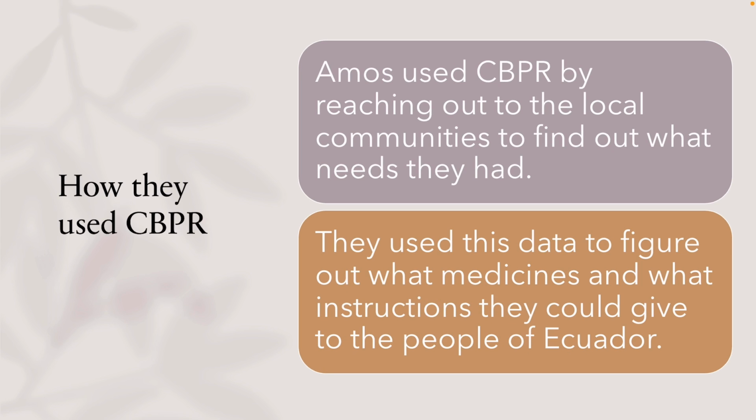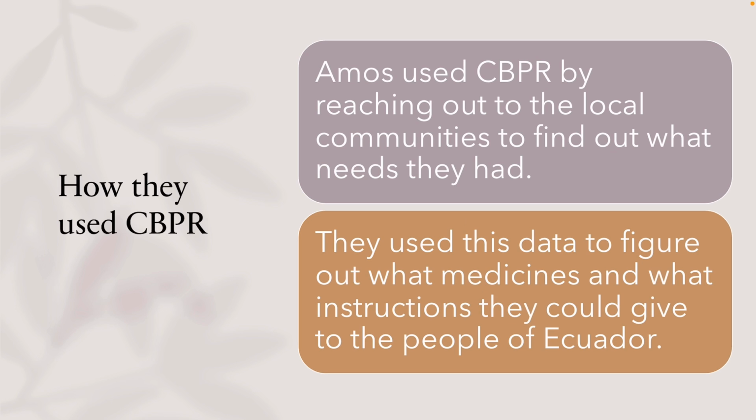How Amos used CBPR: Amos used CBPR by reaching out to local communities to find out what needs they had. They would have what they called data parties. These data parties would all be sent to their local station, and they would be able to use a bunch of the details given by the local community members on what they needed, what their kids were struggling with, and all that.